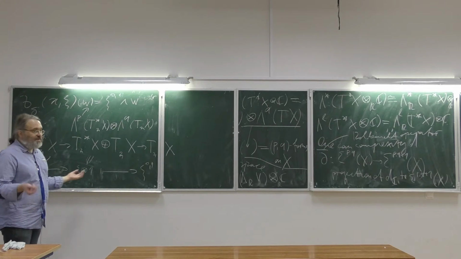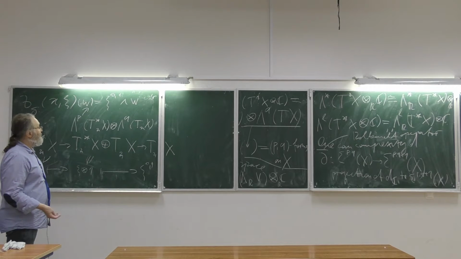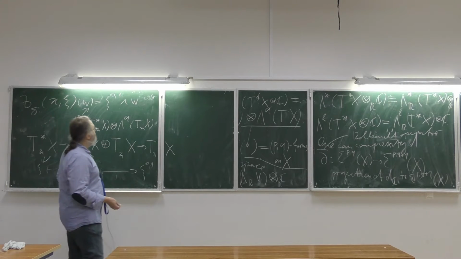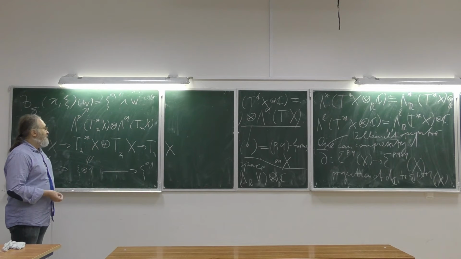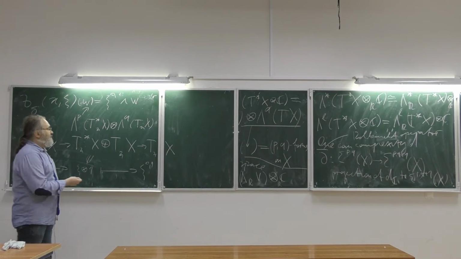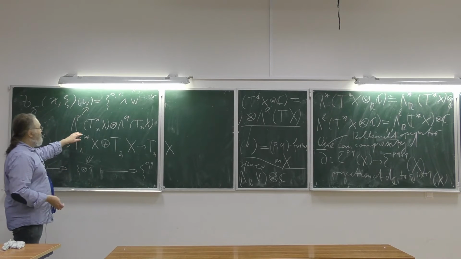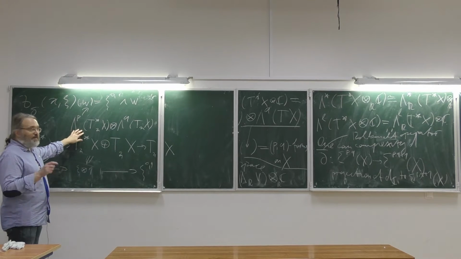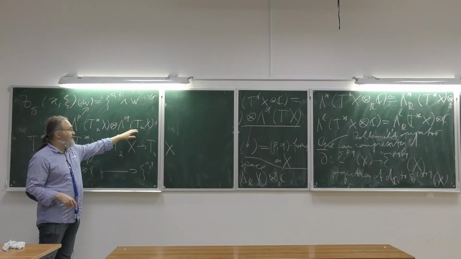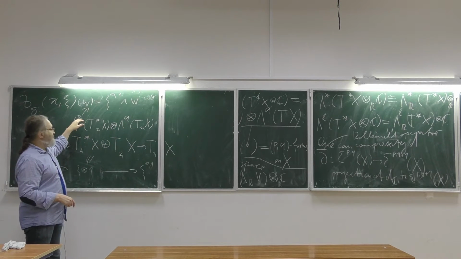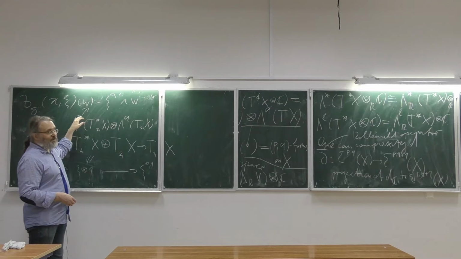And what remains is the 0, 1 component. Basically we take an element here and wedge it by an element inside Tx of x, and we get an element inside the component p, q plus 1.